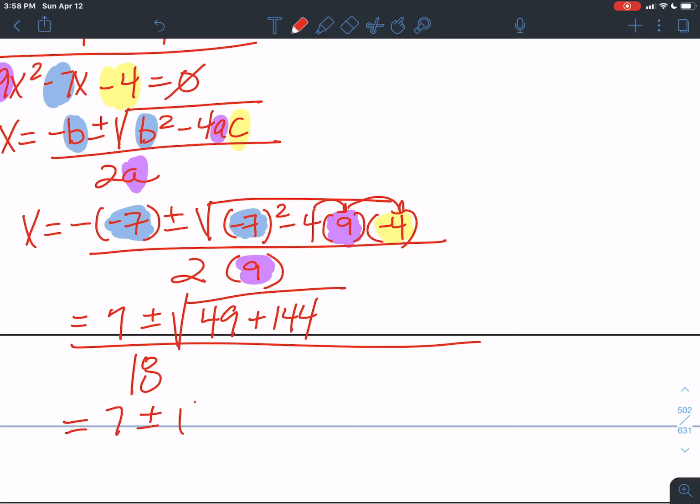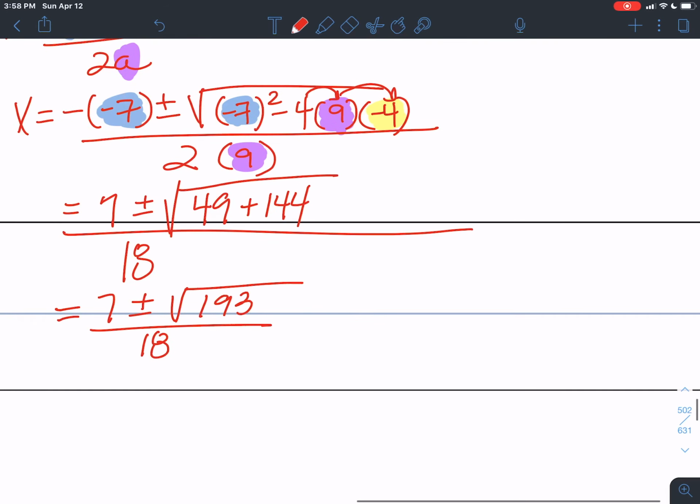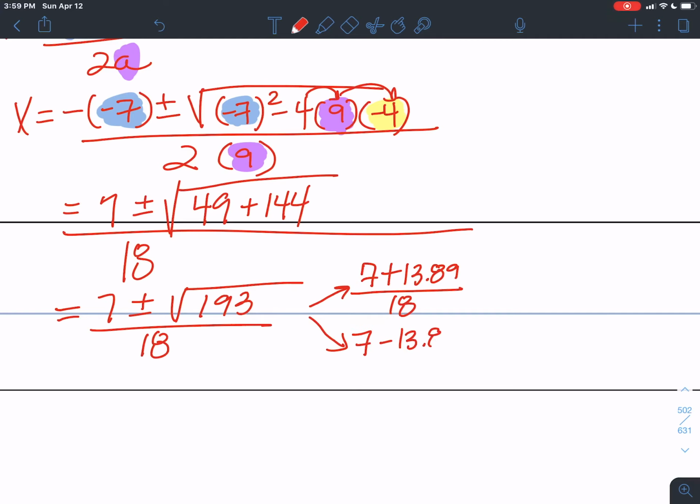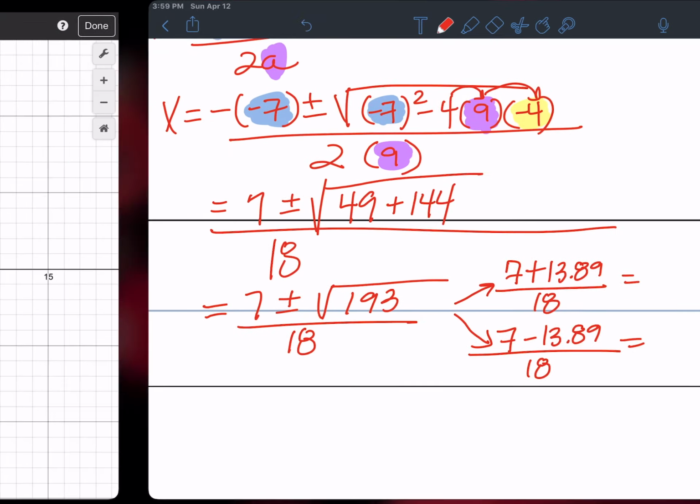7 plus or minus square root of 193 over 18. Now, this one, I know 193 is not an exact square root. So I'm still going to break it apart, except I'm going to write an approximate number. Let me put these in the calculator.